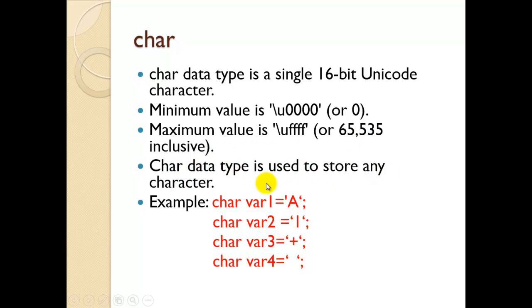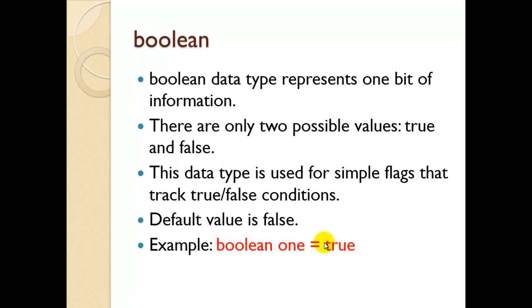The char data type is used to store any characters, like char variable 1 equals 'a', variable 2 equals '1', variable 3 equals '+', variable 4 equals a space. Anything which comes in single quotes is a character, whether it is a letter, a number, an operator, a space or other special characters.